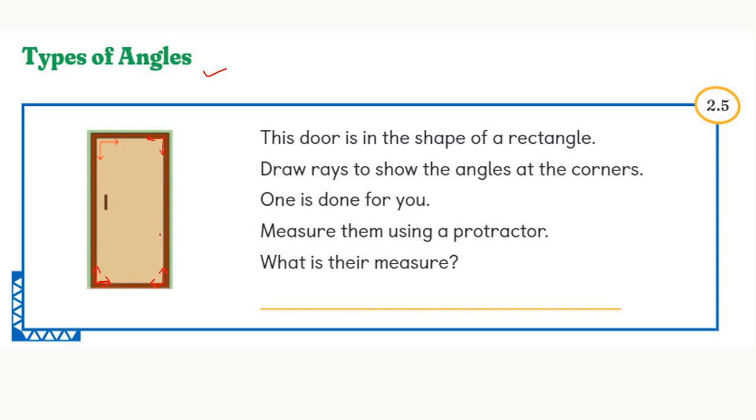Use the protractor and find out how much the angle measures. It measures exactly 90 degrees, and it is called a right angle.